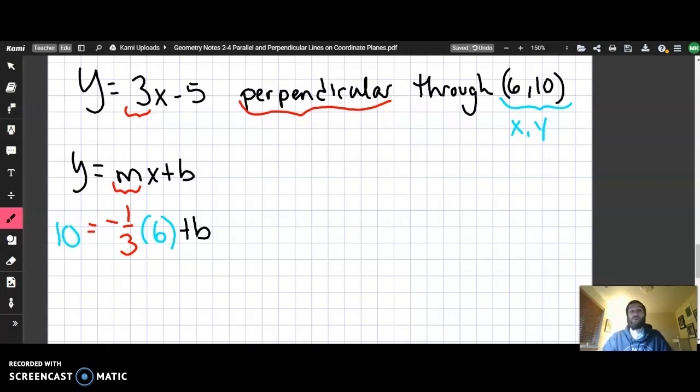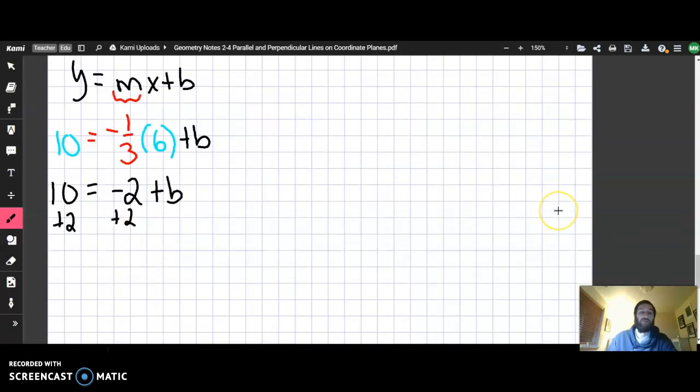So let's go ahead and algebraically figure out b. We have our -1/3 times 6. Well, -1/3 times 6, that's dividing by 3, so this is going to be -2 plus b is equal to 10. Add the 2 on both sides, and our value of b is 12.